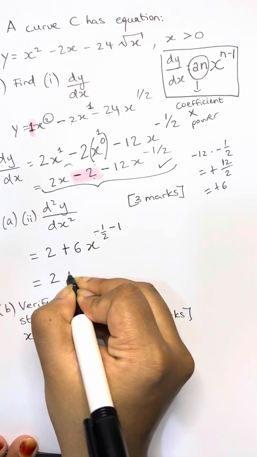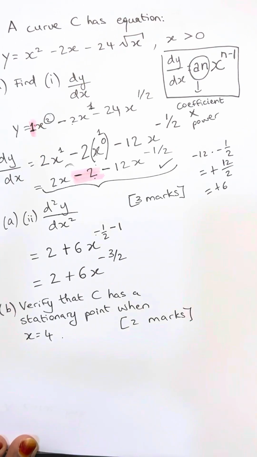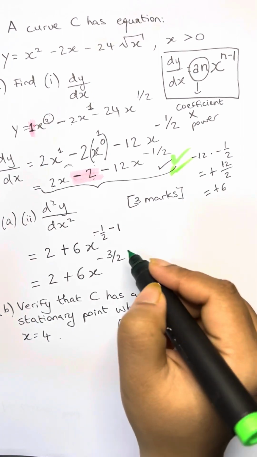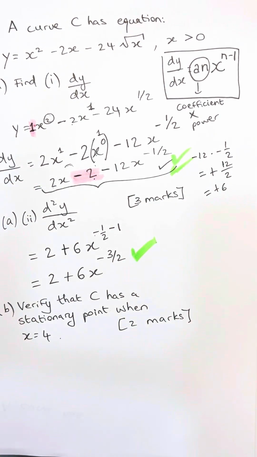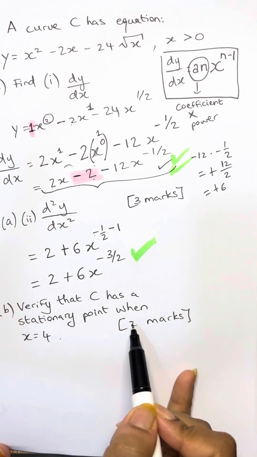So your final answer is 2 plus 6x to the power of minus 3 over 2. So you're going to get 3 marks for part A. How are you getting the 3 marks for part A? You're going to get 2 marks for this and then 1 mark for differentiating the next one, okay?